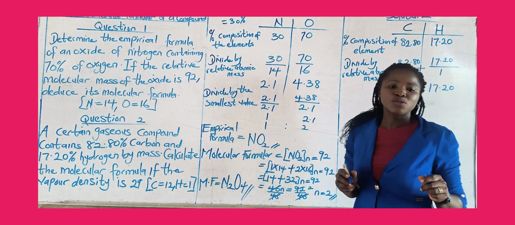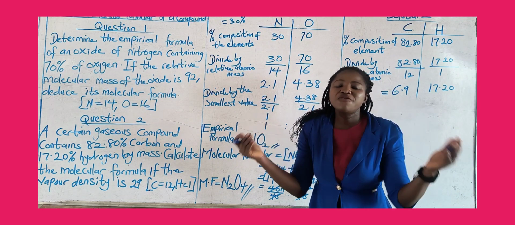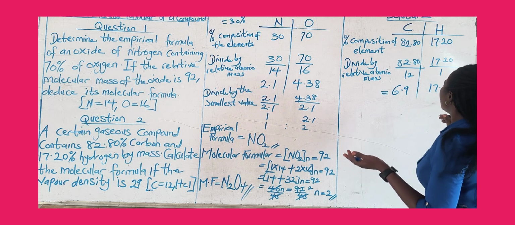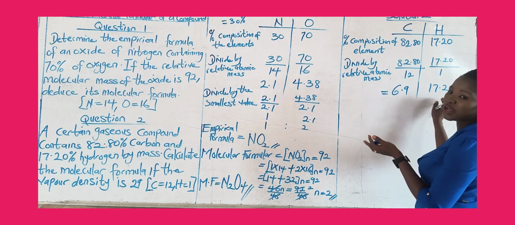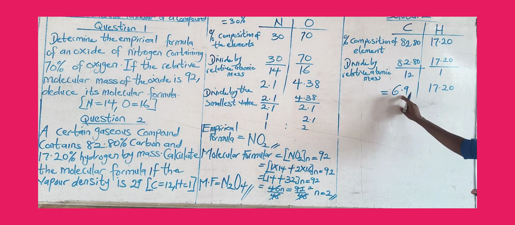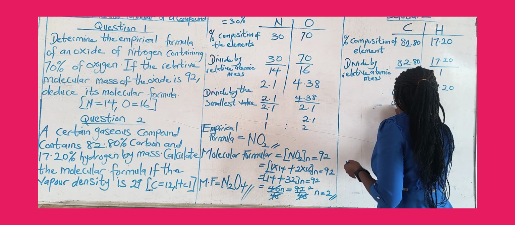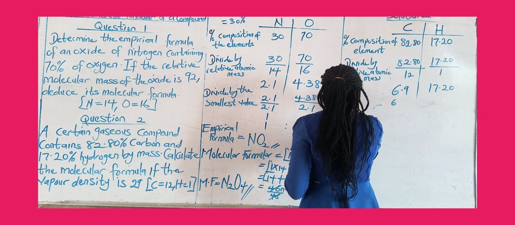And this one gives us 17.20. Wow. So what do we have to do? You divide by the smallest value. Which one is the smallest value of the two? 6.9, right? Let's write it out.